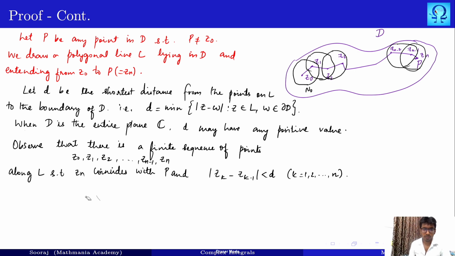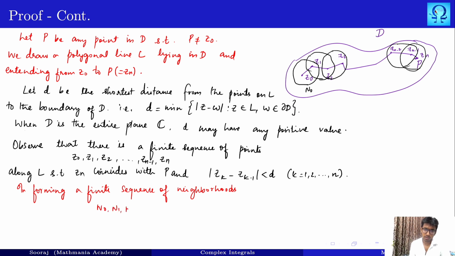So in forming a finite sequence of neighborhoods, that is N0, N1, N2, etc. till Nn minus 1, Nn, where each Nk has center zk and radius d.